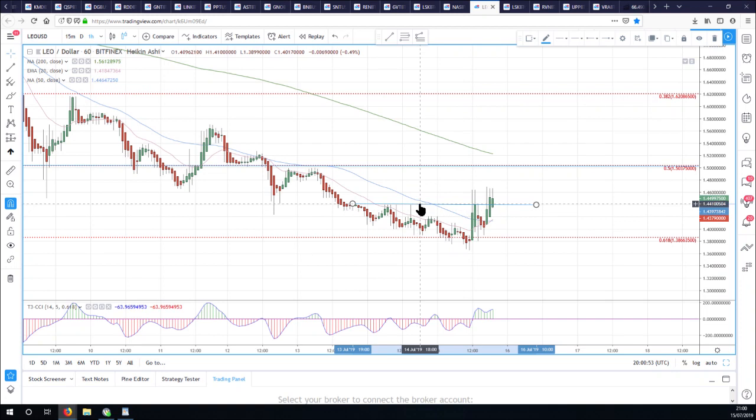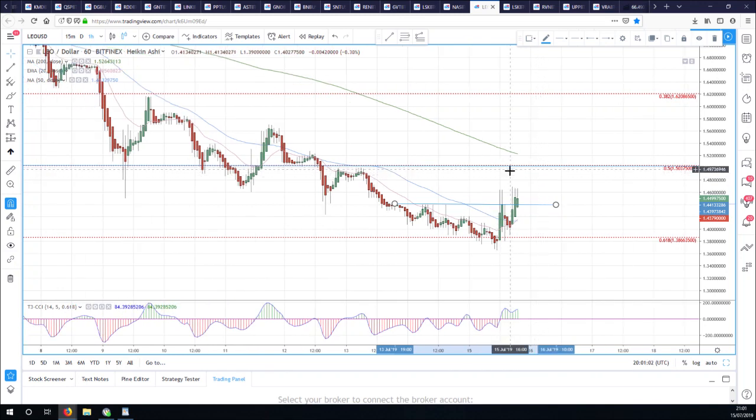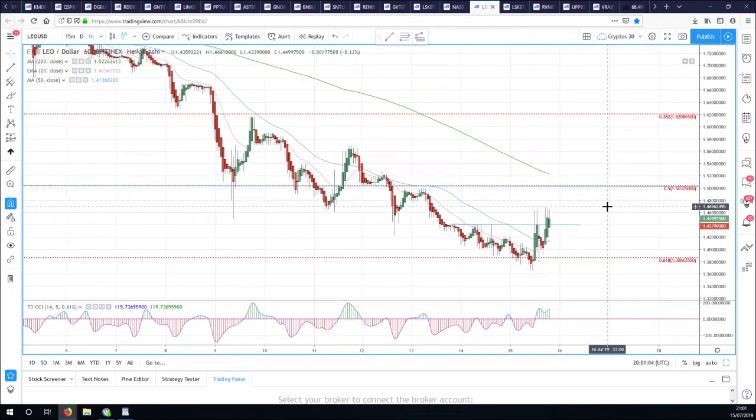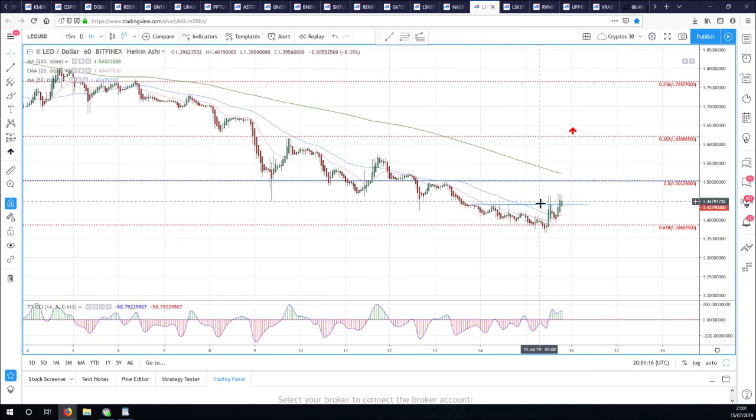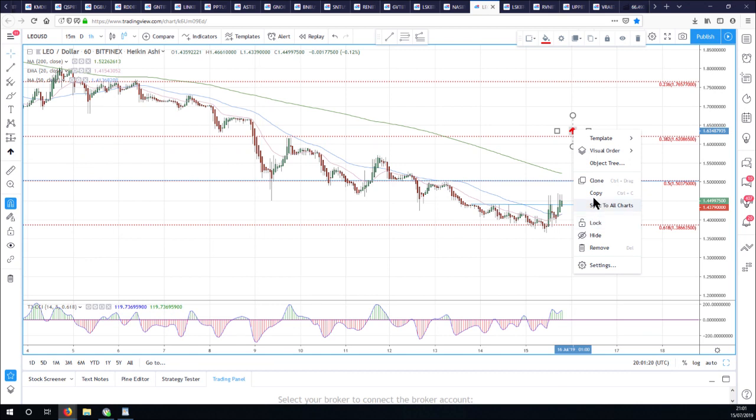Look, we've got left shoulder, head, right shoulder, we're above it. So we go twice the distance, so that works out fine. That takes us to the 1.5 target in Leo dollar. So if we get above 1.503, our target's 1.62, and then above 1.62, for sure we're in a new upswing.